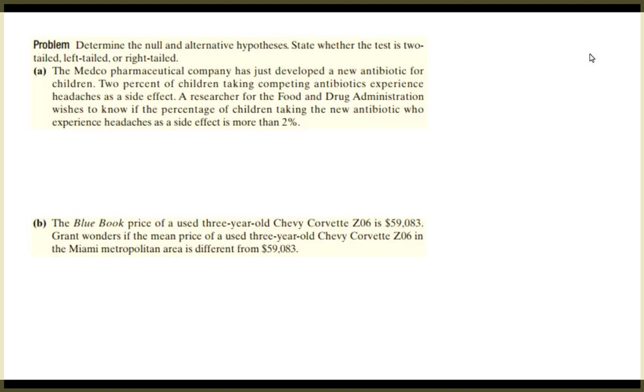So our null hypothesis would be, oh, by the way, you have to decide whether you're talking about a proportion or an average, just like the last couple of chapters. Our null would be what? We claim our medicine doesn't cause any more headaches than everybody else. So P, notice I'm using P because we're talking about a proportion here, is 2%.